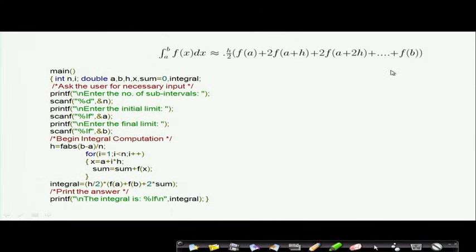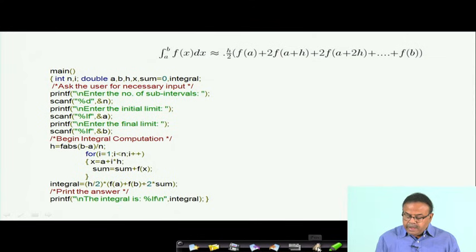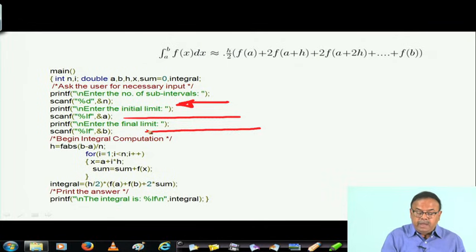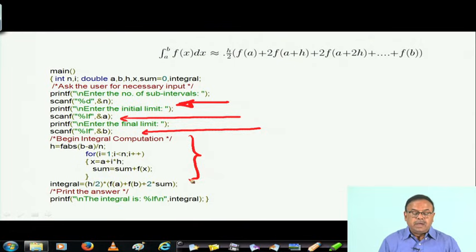Now, as a C programmer, your task is very simple. You see here that I have defined n, i, whatever. I am asking the user for the necessary inputs: how many subintervals you want to have, the initial limit a, the final limit b, all those things you are reading. Now, the integral computation is done here.